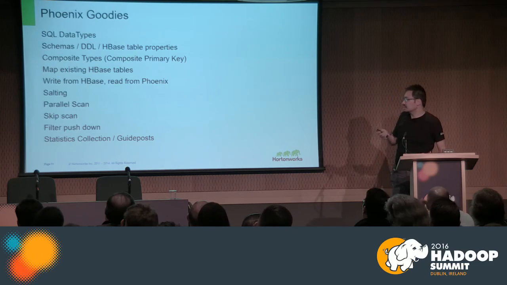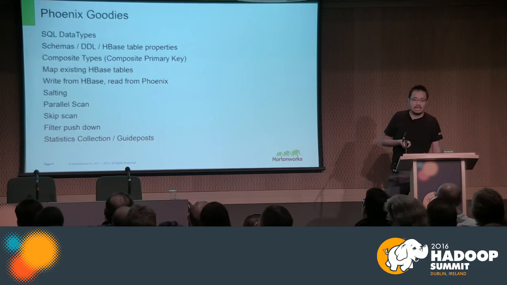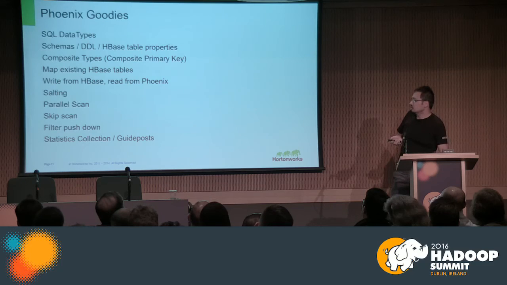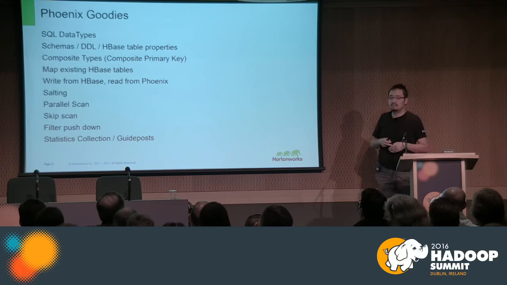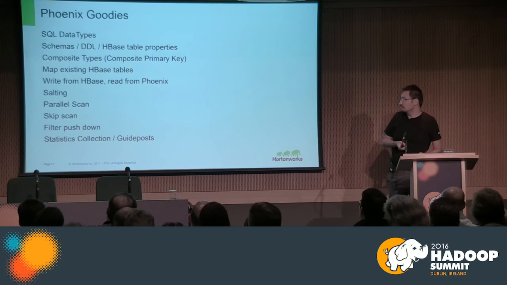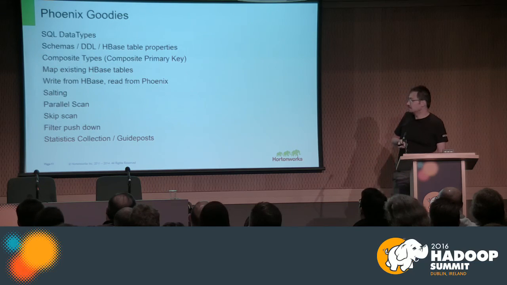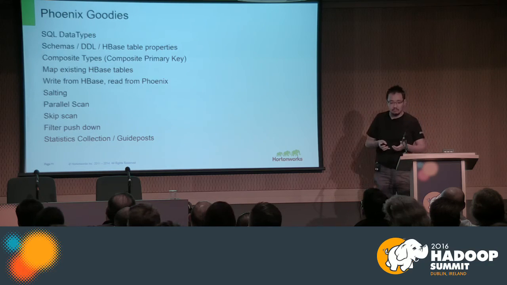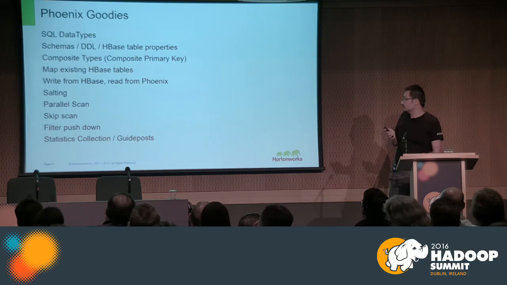The other features most users want are already built into Phoenix, like sorting, parallel scans, skip scans, and filter pushdowns, which we will cover later. Phoenix also has statistics collection and guideposts for driving down the SQL queries.